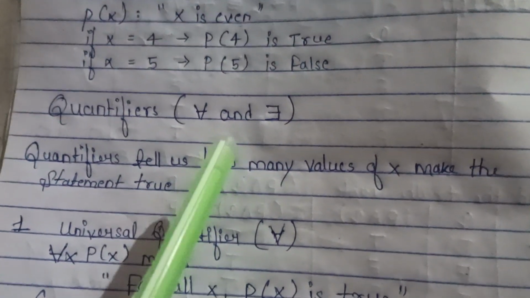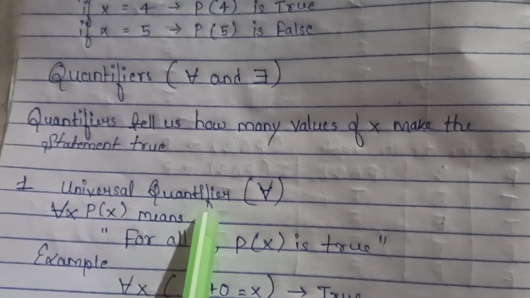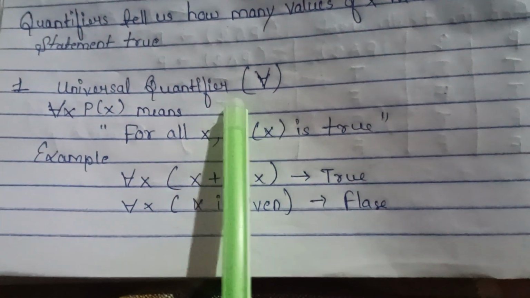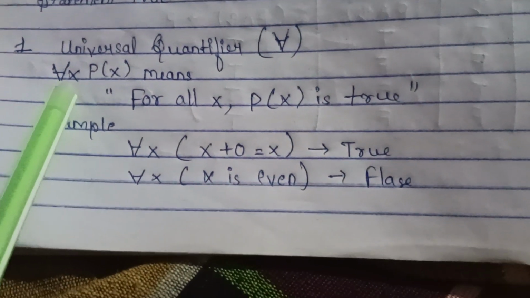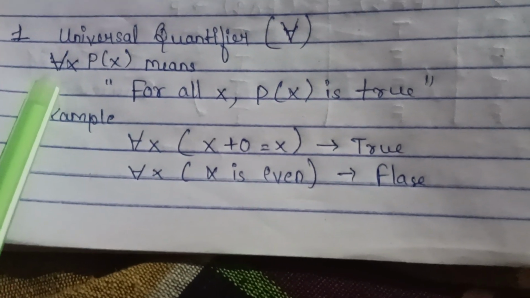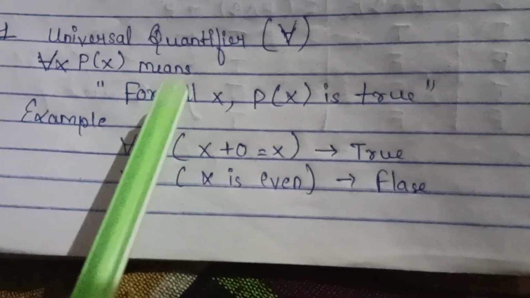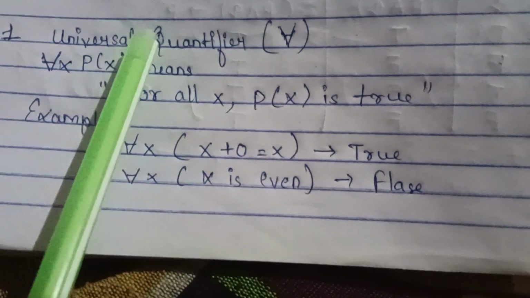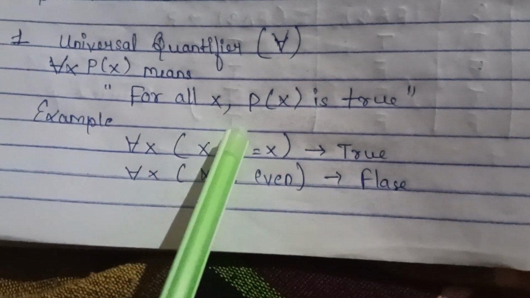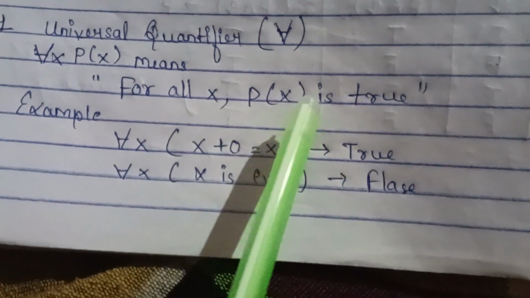So let's start with the first symbol, which is the universal quantifier, the reversed A symbol. For all x, P(x) means that for whatever x, 1, 2, 3, for all x, P(x) is true.